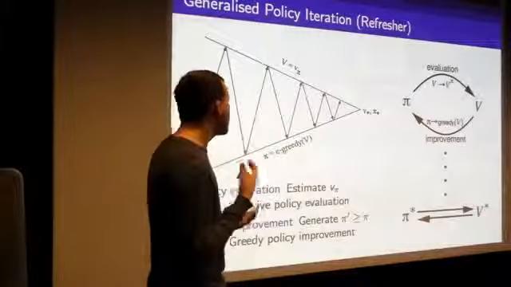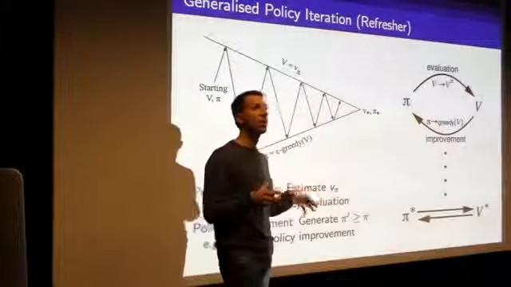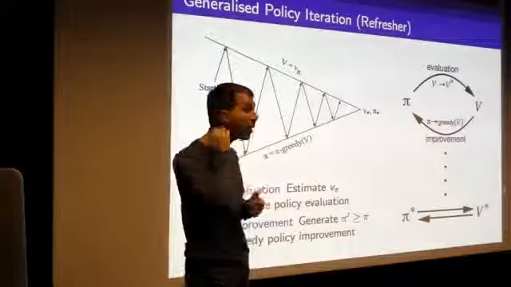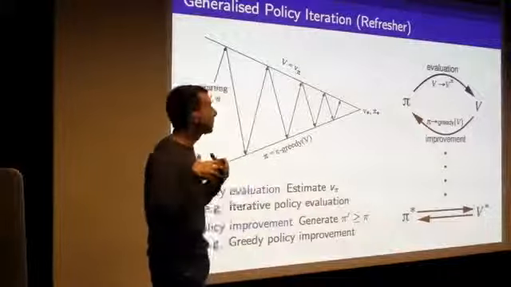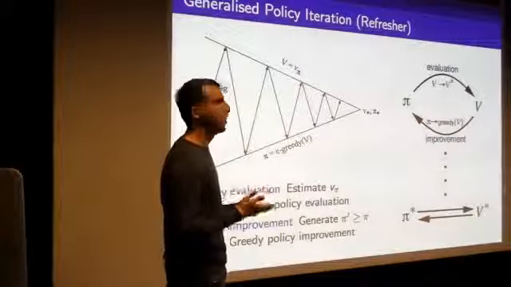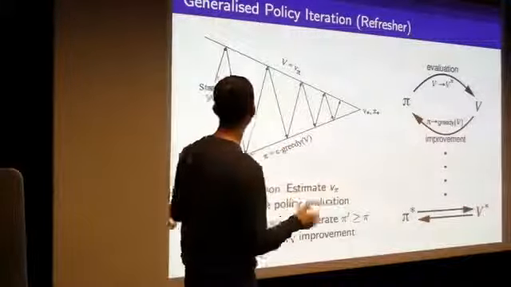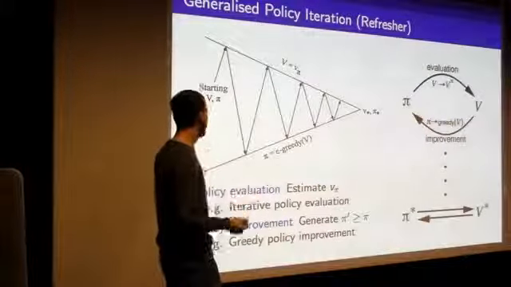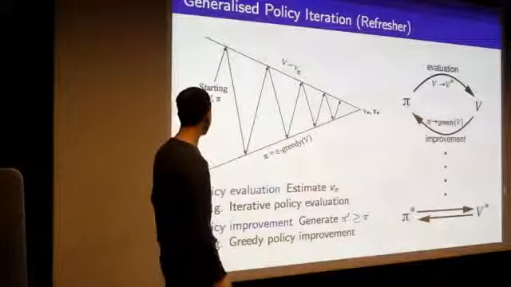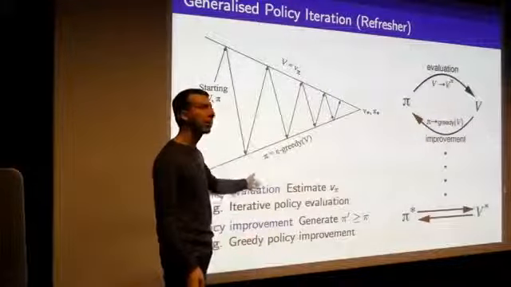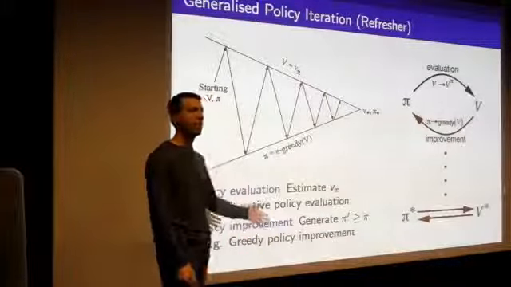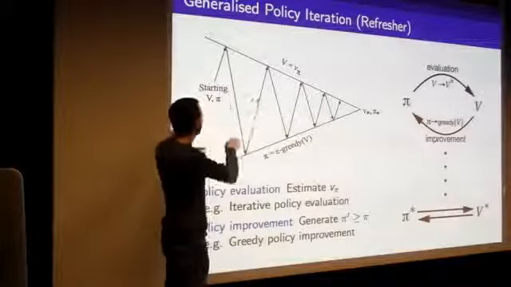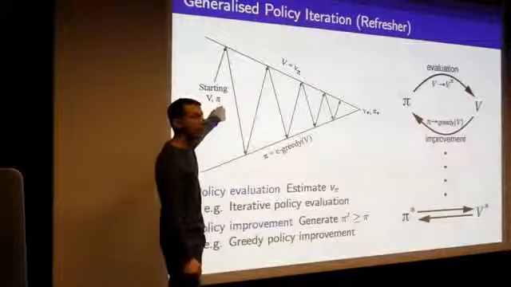Okay, so we'll start with the simpler case, on-policy learning. And the main idea that we're going to use throughout this course is the same idea that we saw a couple of lectures ago when we were doing dynamic programming. It's the basic framework of generalized policy iteration. So just a quick refresher slide. The main idea in policy iteration is to alternate between two different processes, where first of all we evaluate a policy, and then we improve that policy. And we have this iterative process, which I sketched on this diagram here, where you start with some value function and some policy.